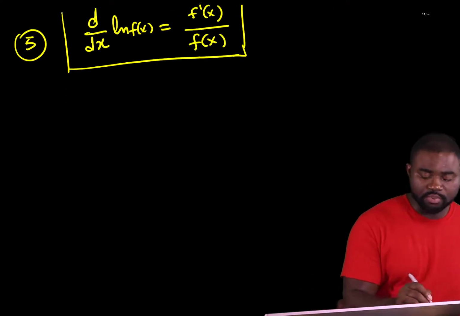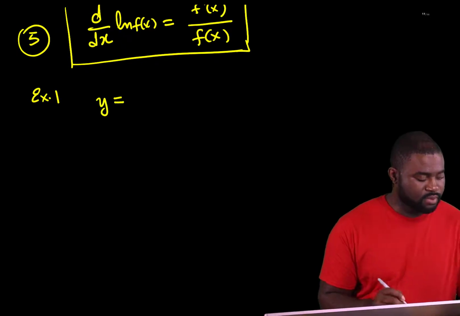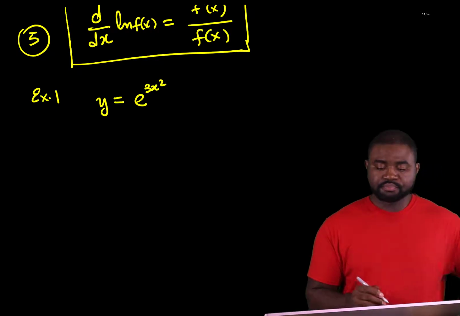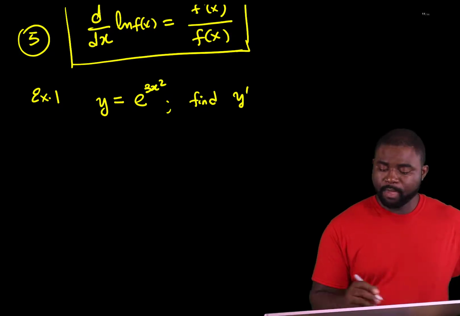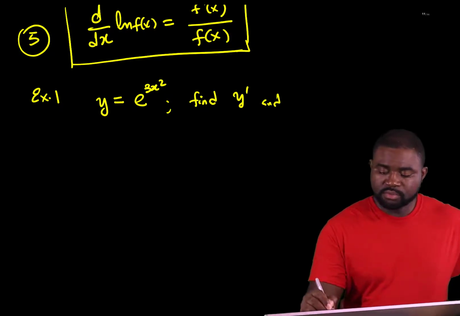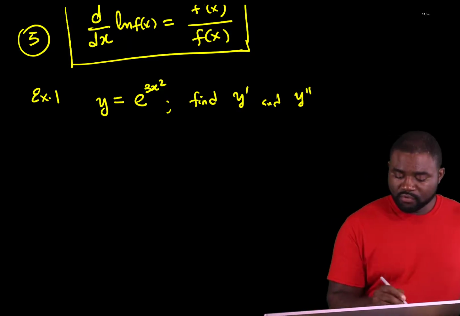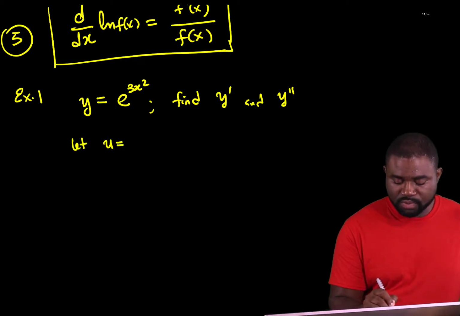So let's look at example 1. We have here y is equal to e raised to the power 3x squared. So the question would be find y prime and y double prime. So follow with me, u equal to 3x squared.